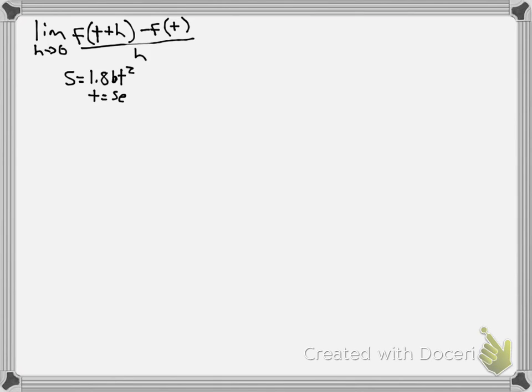I want to find its speed at exactly 1 second. I don't see anything about slope of a tangent line or slope of a curve. I don't see anything about the instantaneous rate of change. I just want to find the speed of the rock. And again, here we have disguised a problem that is simply an instantaneous rate of change problem.